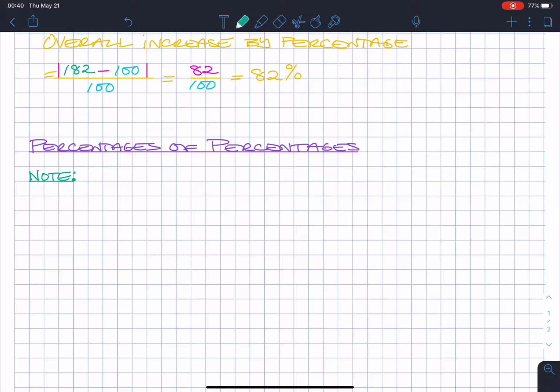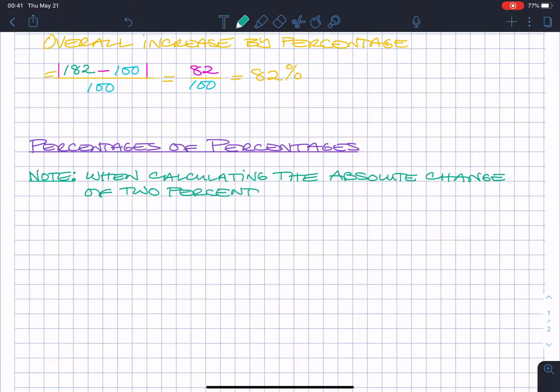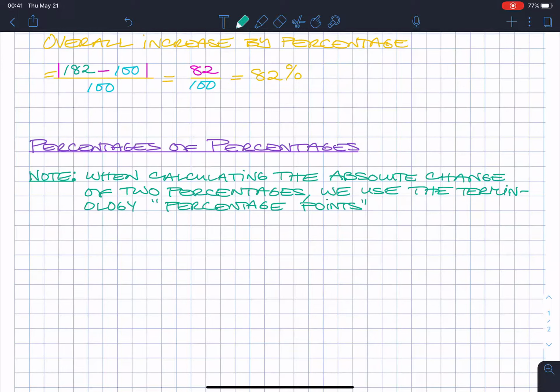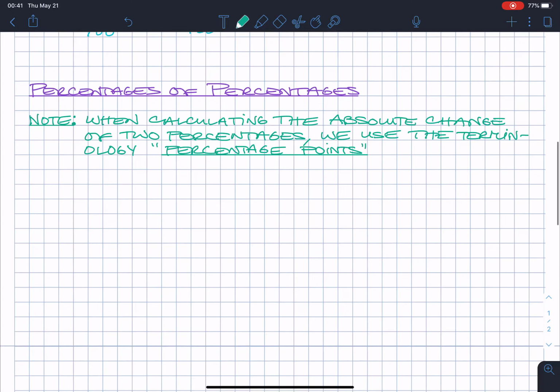When calculating the absolute change of two percentages, we use the terminology percentage points.